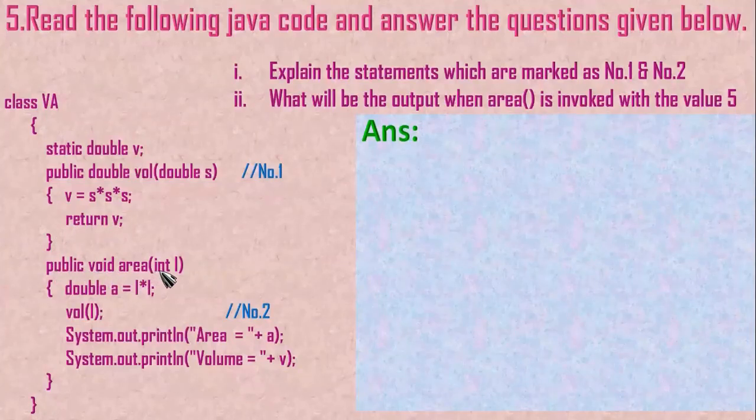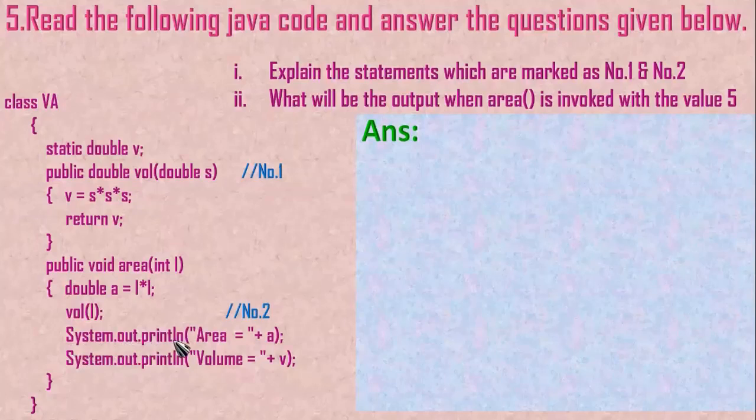Public void area of int L. So here is another parameterized method which is area. Double A is equal to L into L. VOL of L. This is the actual parameter passed to the formal parameter here. So whatever the value of L is will be passed to this formal parameter.